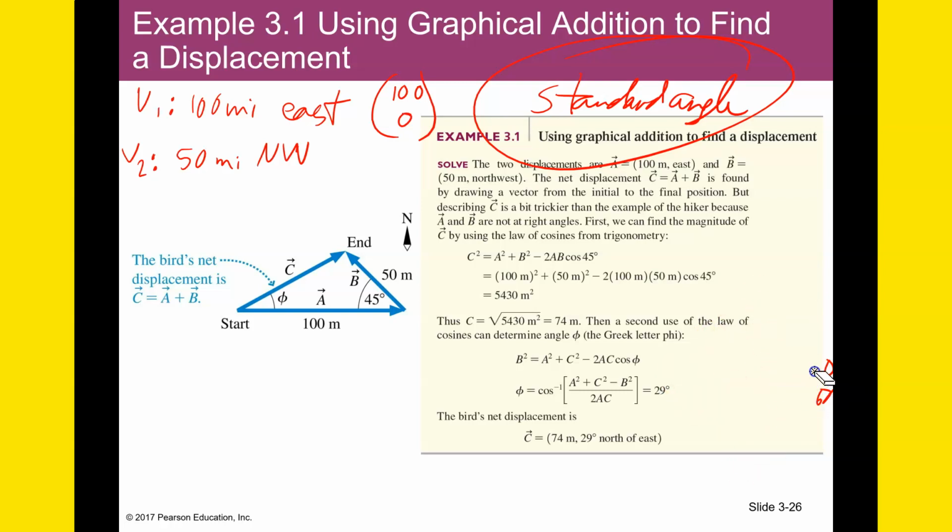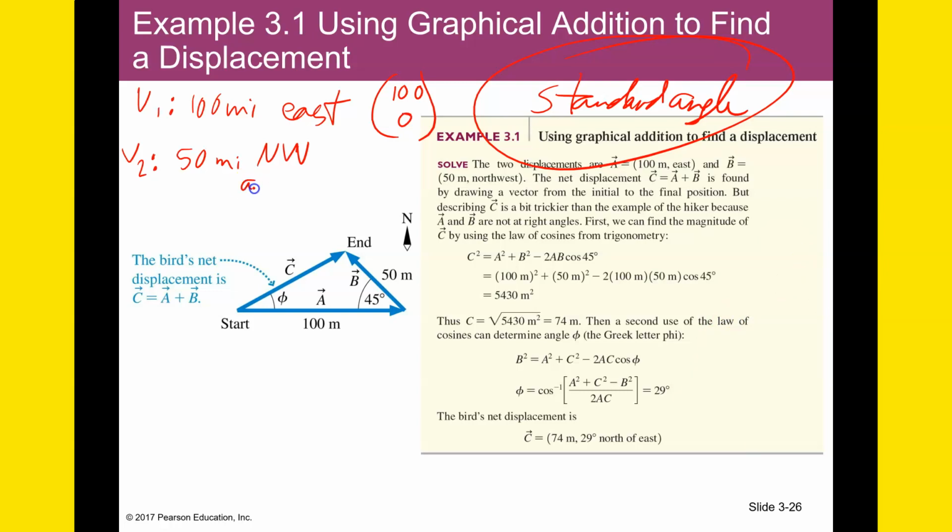So if we're talking about northwest, northwest would be right here. And it would be 90 plus what? Plus 45. So that overall, my angle would be 135 degrees if I write it as a standard angle. And if you do that, that's going to make it very easy.